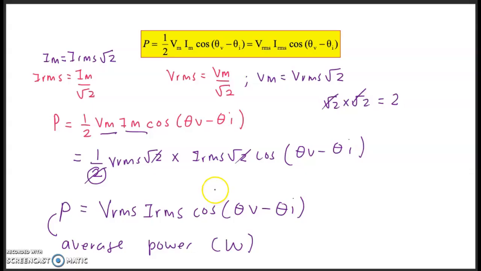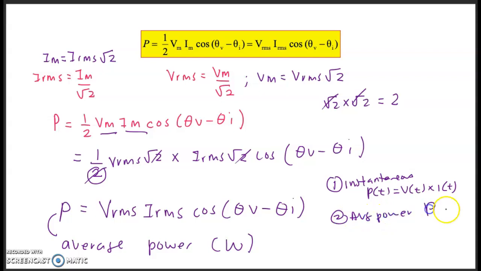Okay, let me summarize. First, you learned about the instantaneous power, that is p(t) equal to v(t) multiplied by i(t). Second, you learned about the average power, which we call P, measured in watts. What is average power?